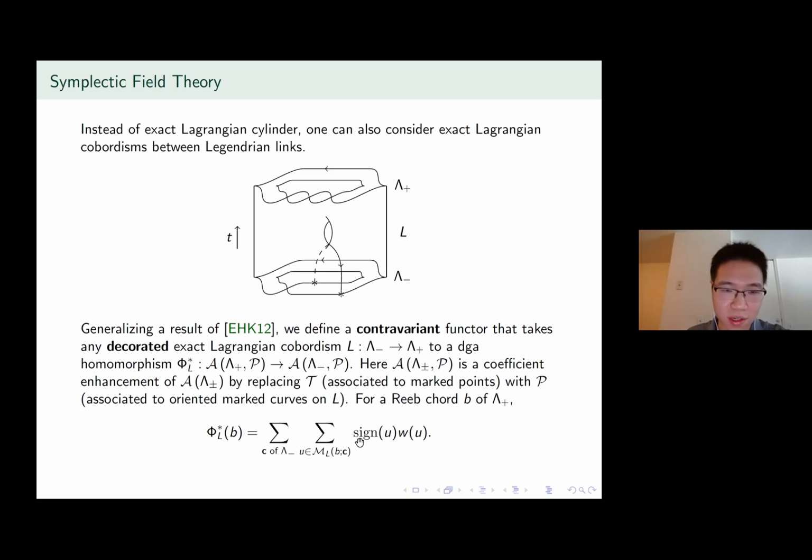This is more complicated to explain, so I will not explain it here. The sign has something to do with decorations and spin structure, the mark curve, and the boundary.